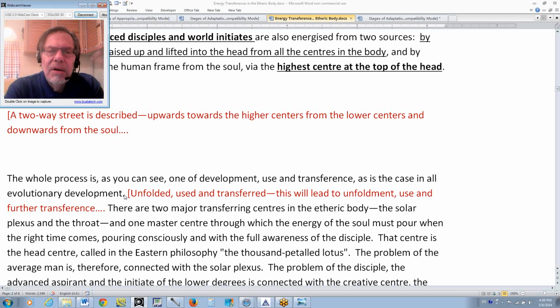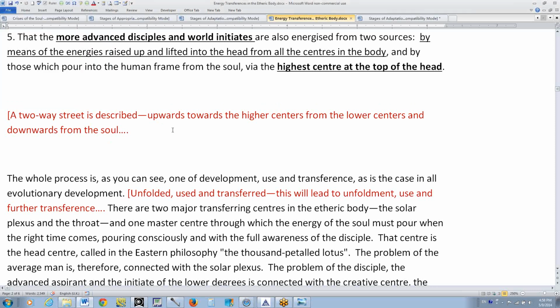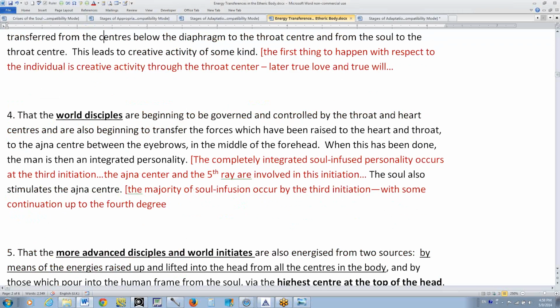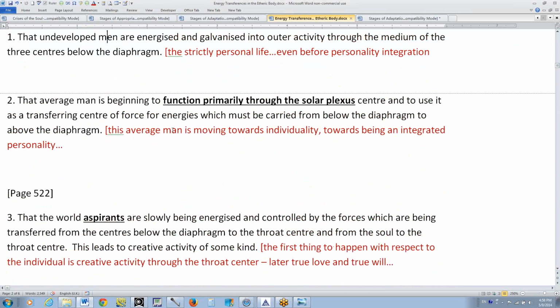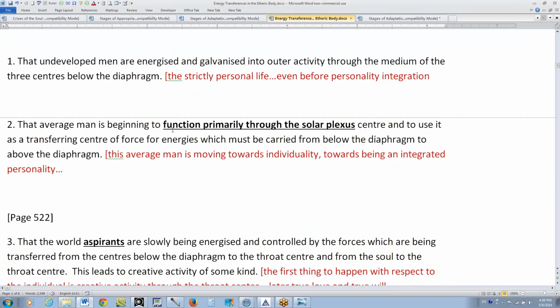Well, okay, and relating this a little bit to the Egoic Lotus, I think we could say, going back here just a little bit, that the average man is functioning in the solar plexus, and he's still working very much in the hall of ignorance. Okay, he hasn't really unfolded all of the three knowledge petals, not yet, and is not really, the average man, working in the hall of learning. Maybe the higher average are.